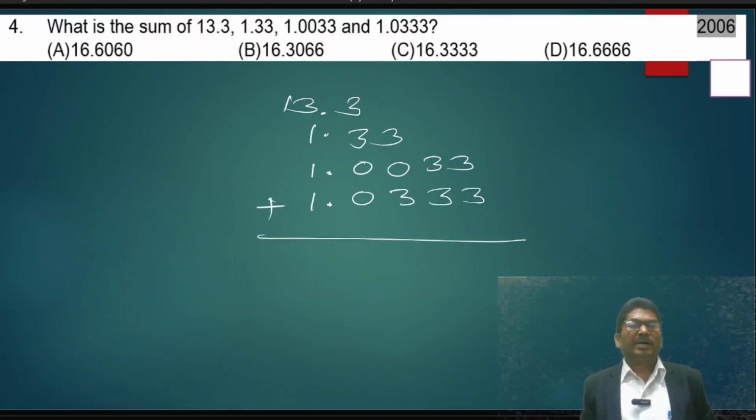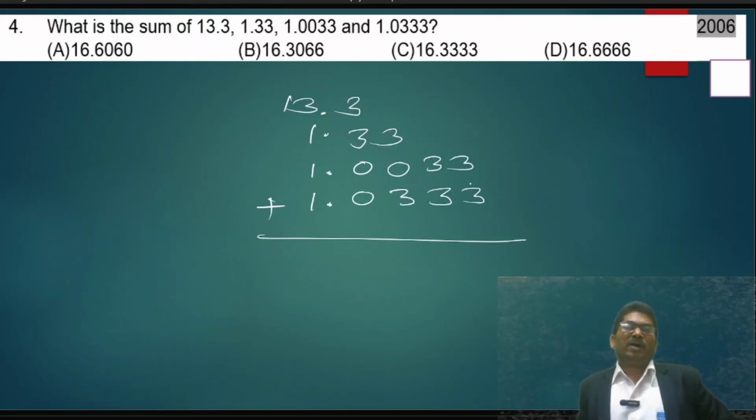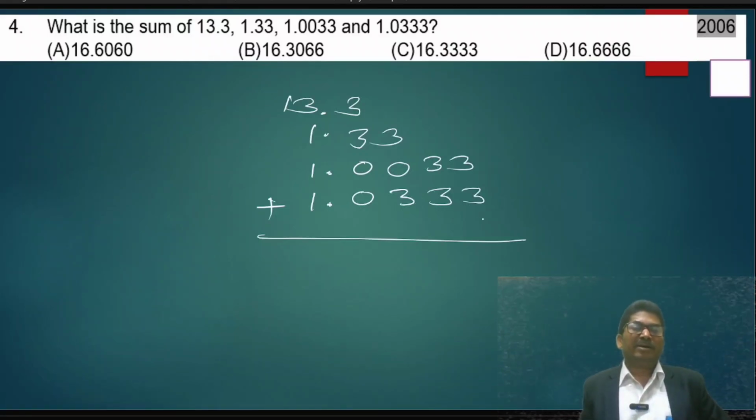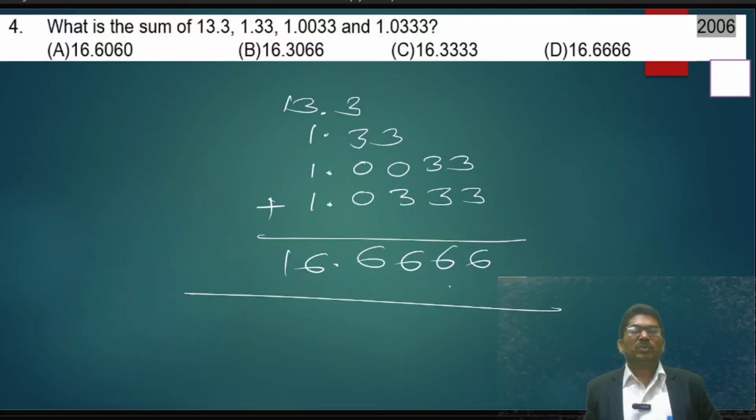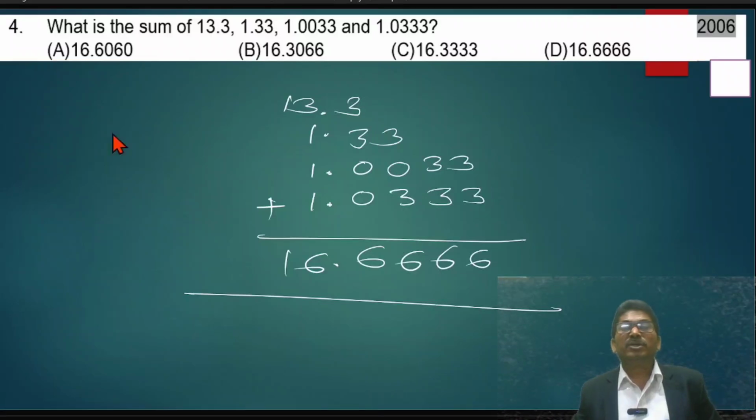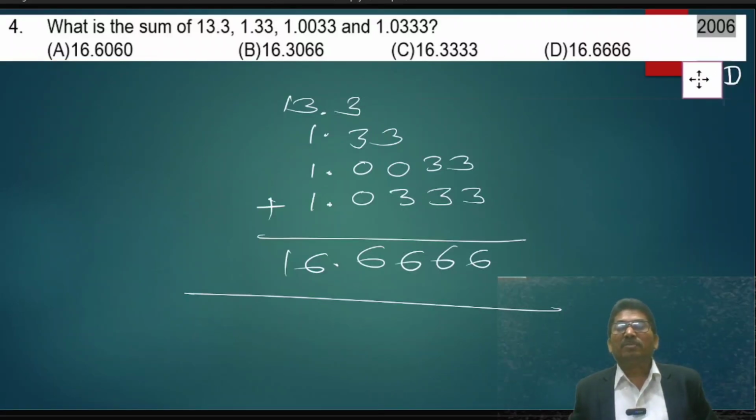While adding, we no need of making these like decimals. We may add simply 3 plus 3, 6, 6, 6, 6, 1. So what is the answer? 16.6666. What is the correct option? D is the correct option.